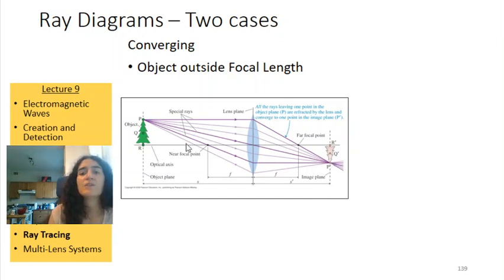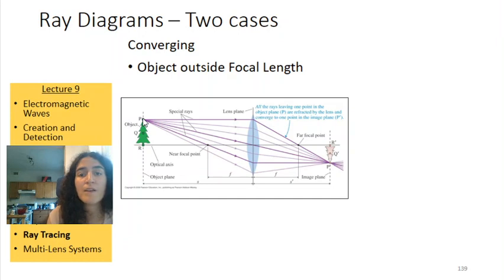Okay, and so now let's draw each special ray according to the rules that we described before. So here I have a light beam that is starting out parallel to the principal axis. It should go through the far focal point and continue on.